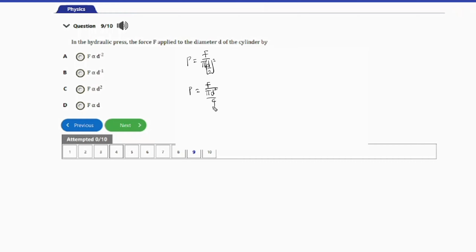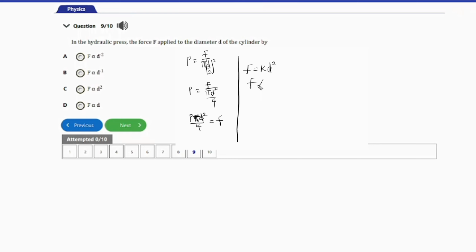So then if we multiply this out, we're going to have P into pi d squared over 4 is equal to F. So in that case, if we make P times pi over 4 a constant, then it's going to be that F is equal to the constant times d squared.